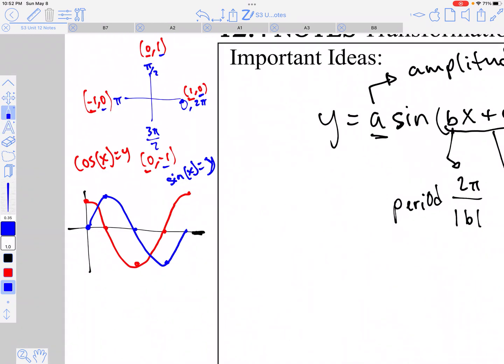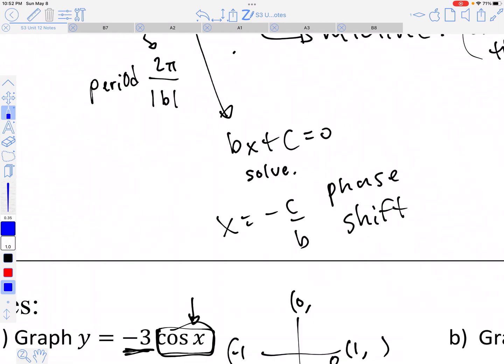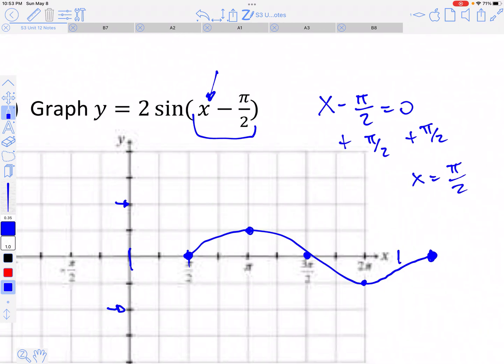right? I remembered the 5 points, 0, 1, 0, -1, and 0. I phase shifted it to pi halves. Oh, shoot, I made a mistake, right? I forgot about my amplitude. I was so caught up in the phase shift. So let's phase shift this sucker. Phase shift, move me right pi halves.